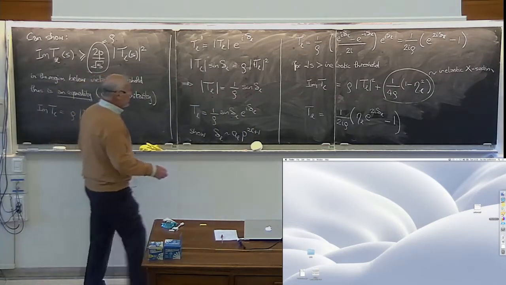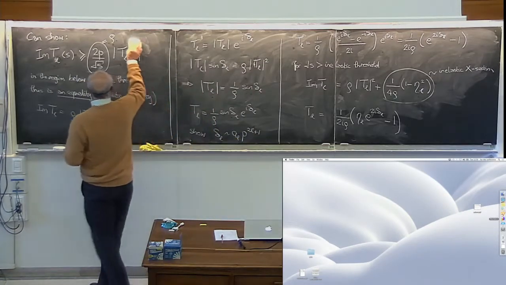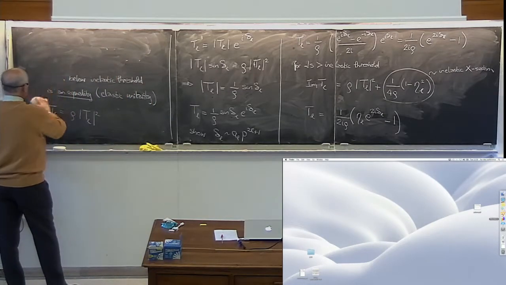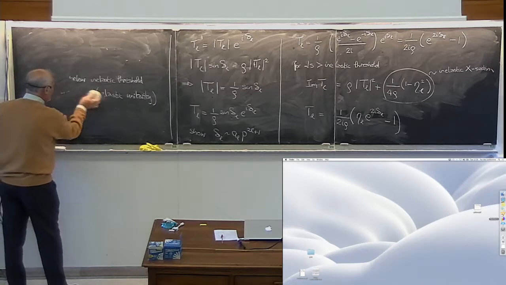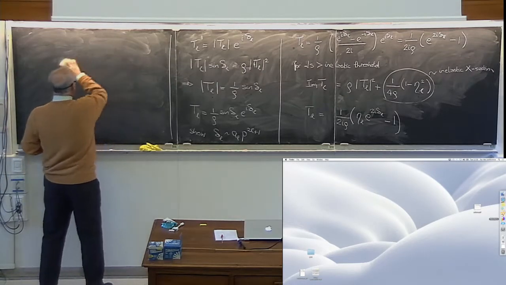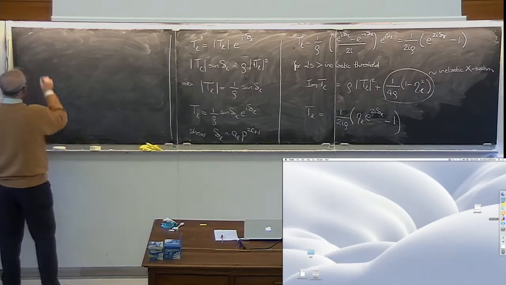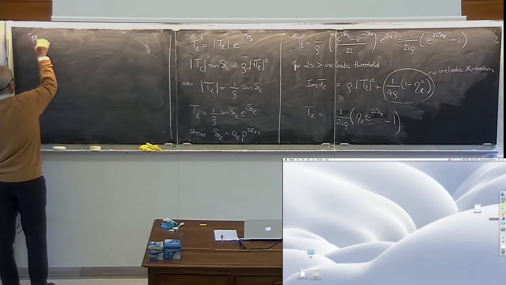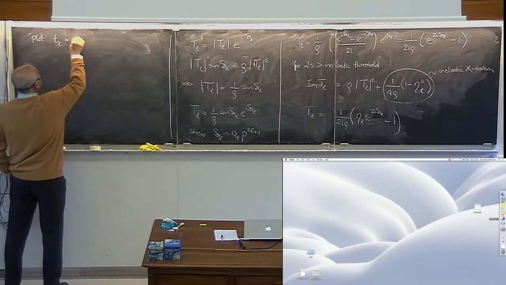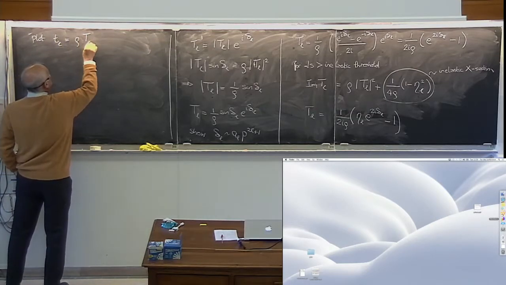Now, it's convenient, and I'm sure you must have seen this before, to plot a complex function in what is called the Argand plane. So we can plot something which we call little t_L, which is rho times capital T_L.